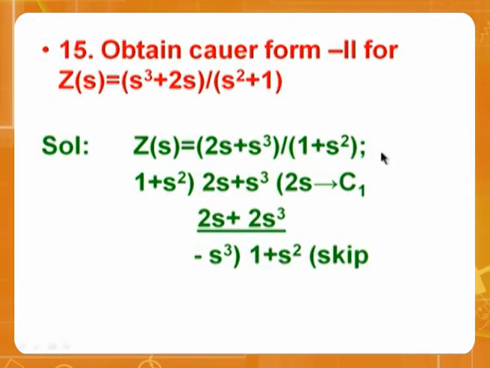When I go for ascending, what happens? This has to be divided with this. 1 is here, 2s. 2s into 1, 2s. 2s into s square, 2s cube. What do you get here? Minus. Whenever you get minus, skip that particular step.